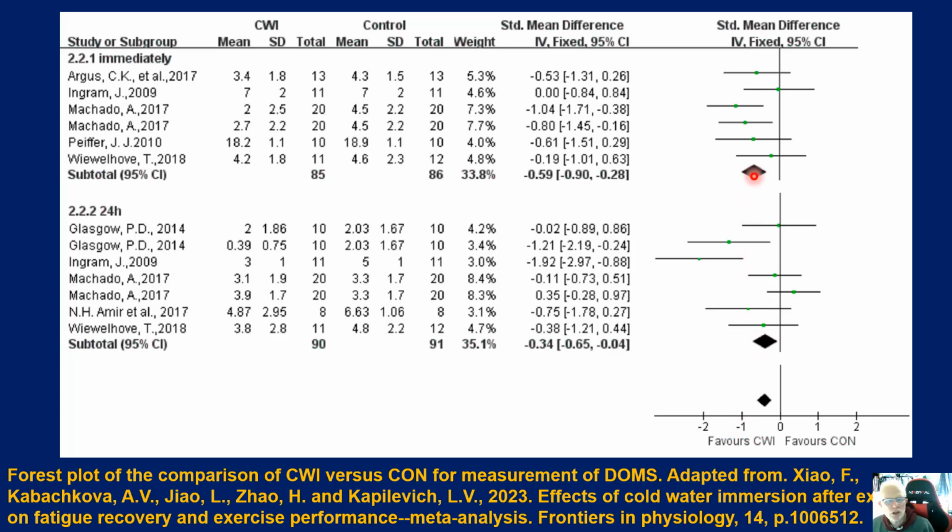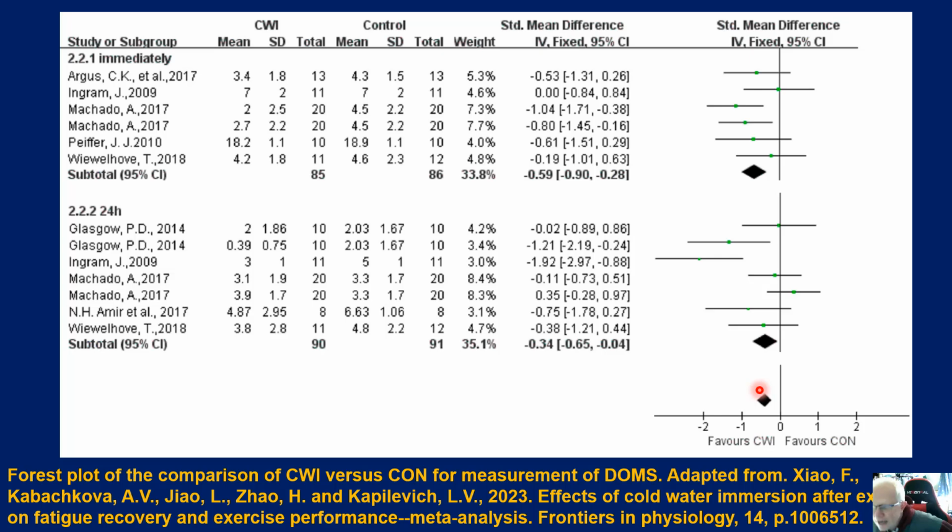It's getting pretty close for immediately. 24 hours post, it seems to be less effective, but it gives us an overall effect of around 0.34. So it's considered to be small for DOMS. It's considered to be borderline medium for DOMS immediately post-exercise, and the overall effect is in the region of about 0.5. So it's a small to borderline medium effect.